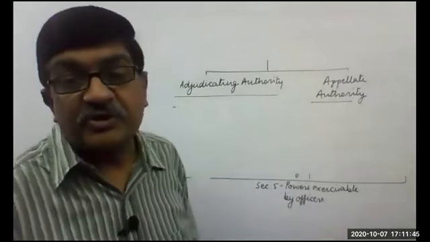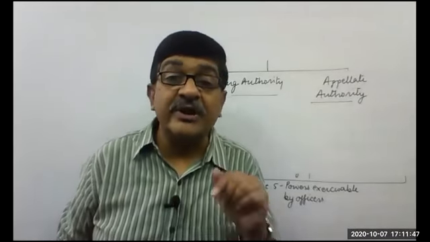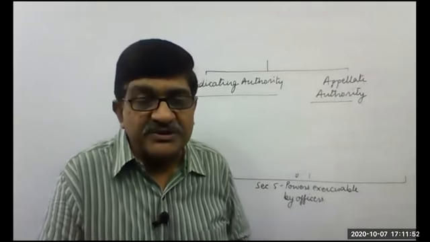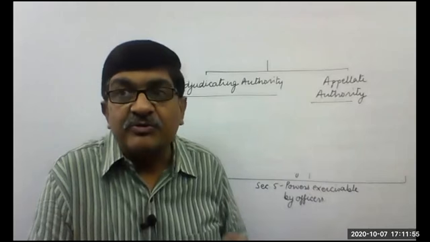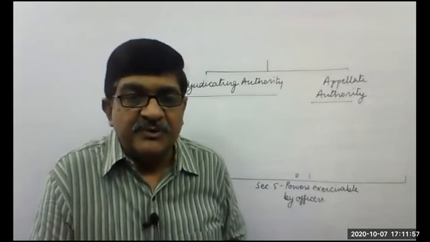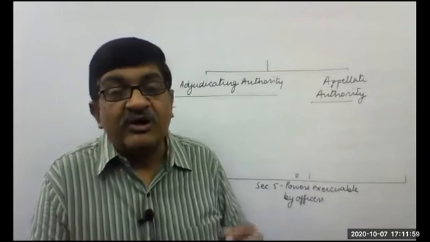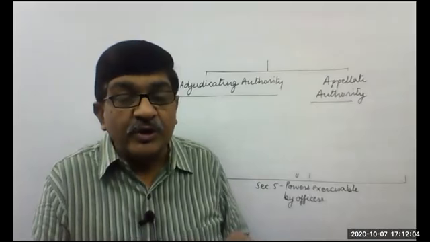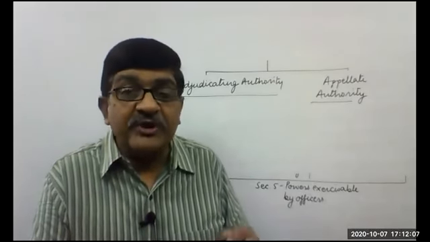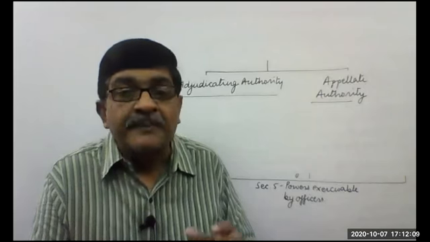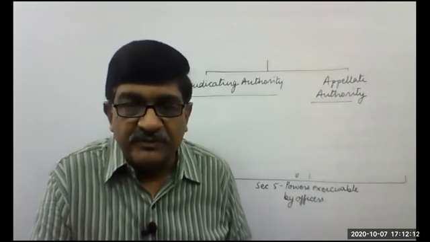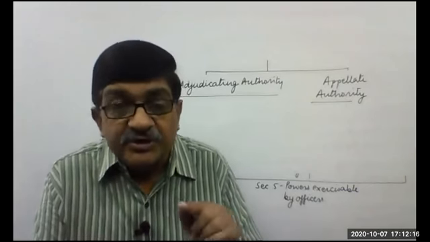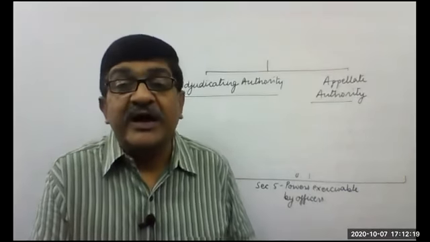As far as adjudicating authority is concerned, what is the meaning of adjudicating authority? The officers who are authorized to take decisions and to pass orders in relation to compliance of the provisions of the Act, who are responsible for ensuring compliance with the provisions of the Act, are called adjudicating authority. Administration of the provisions within the given jurisdiction, that is the word adjudication.